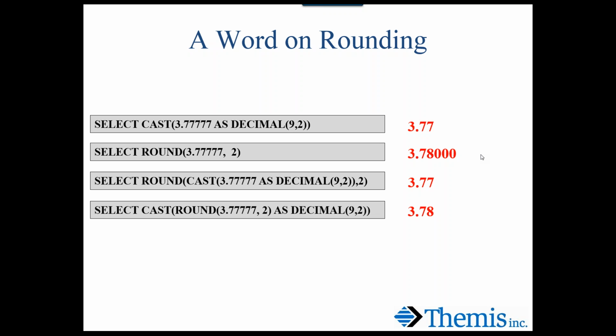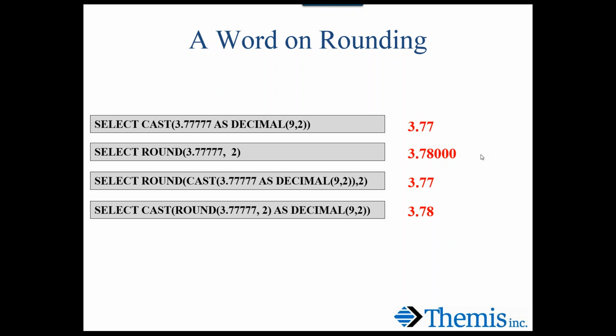This is a rounding thing for DB2. So the first example that I have here, I'm casting the number 3.777 as a decimal 9,2. And when you do that, DB2 gives you a number shortened to decimal 9,2 format.